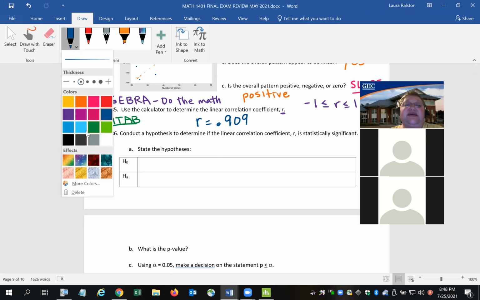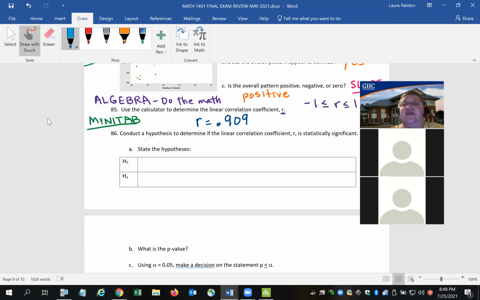The hypotheses for this test are the same every time, all the time. When you're testing whether R is statistically significant or not, your hypotheses are the same every time. We say that rho, which is the population correlation coefficient, equals 0 or rho does not equal 0. Now I'm going to write off to the side what that means, because you got to know what it means.